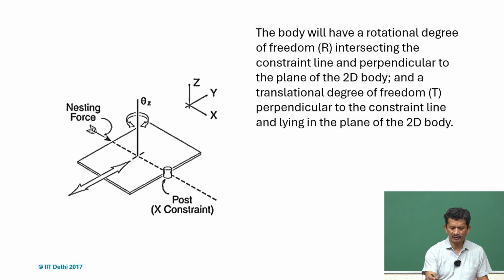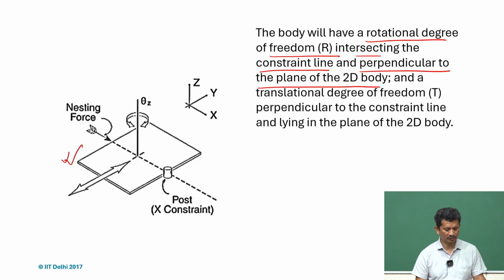What it also says is that in this case, the body will have a rotational degree of freedom about an axis intersecting the constraint line and perpendicular to the plane of the 2D body. That is what I was trying to explain.